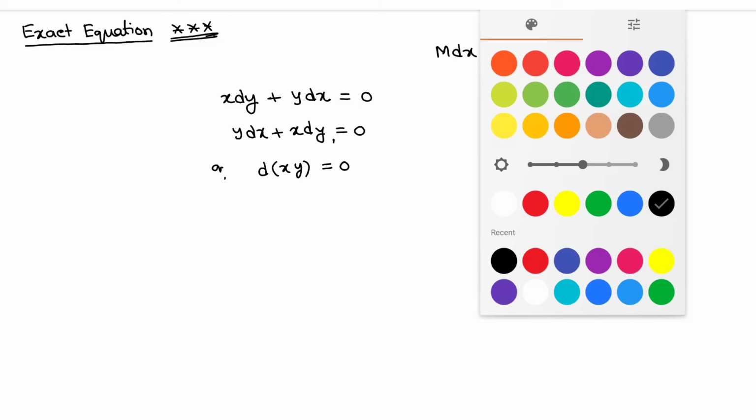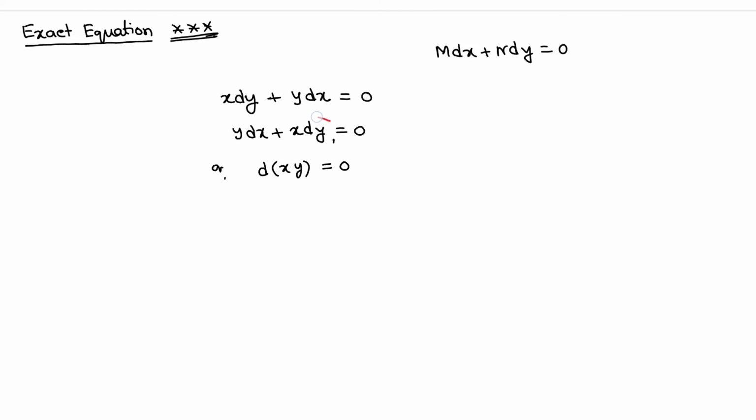That means the left hand side can be written as a derivative expression of a function. So y dx plus x dy, we can write this expression as the derivative of a function of xy.